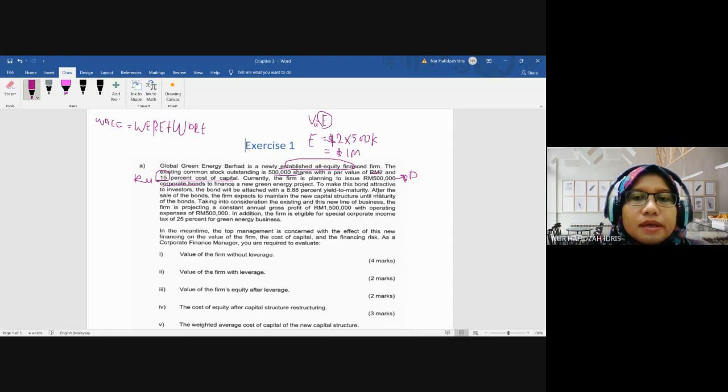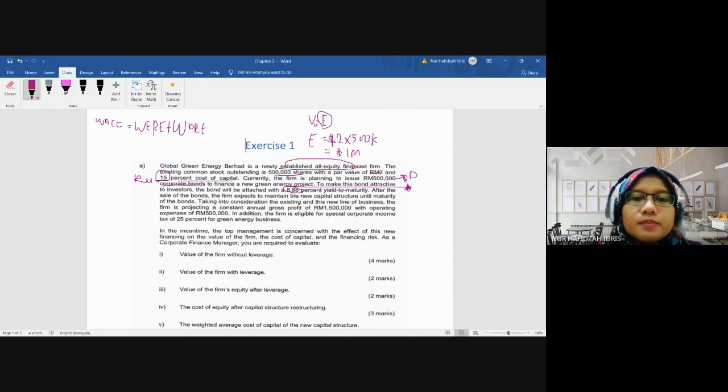Then it says here, to make this bond attractive to investors, the bond will be attached with 8.8% yield to maturity. So this 8.8%, what do you think it is for? If it is a bond, it will have interest, right? So the interest is 8.8%.